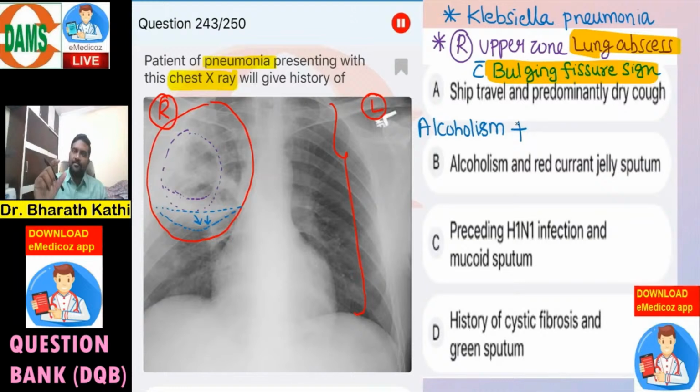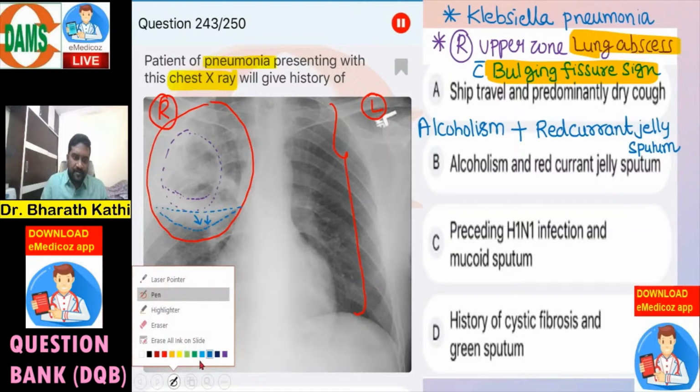The sputum will be very thick and gel-like because of the Klebsiella capsule. It is called red currant jelly sputum. Sputum in Klebsiella pneumonia will be gelatinous and thick, and this is called red currant jelly sputum.